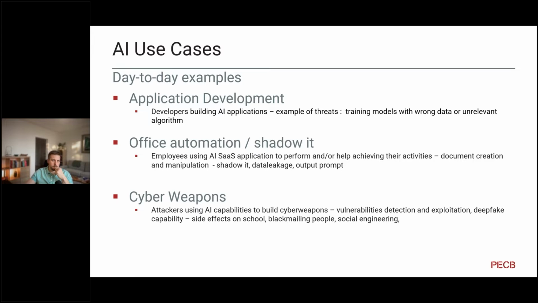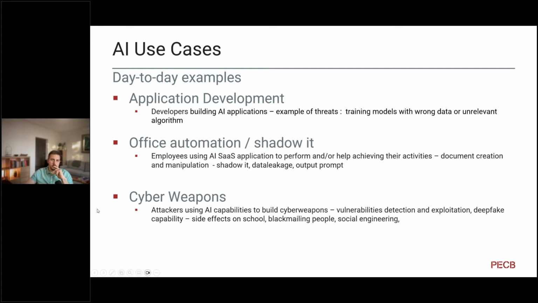There are some threats that we can imagine very easily, for example, training the models with wrong data or irrelevant algorithms. They can lead to very important impact, and we will see it in the following of the presentation.